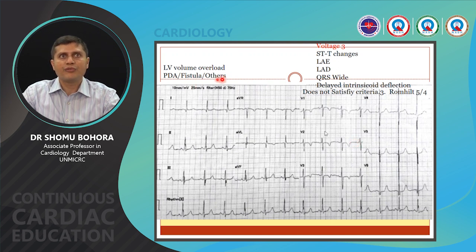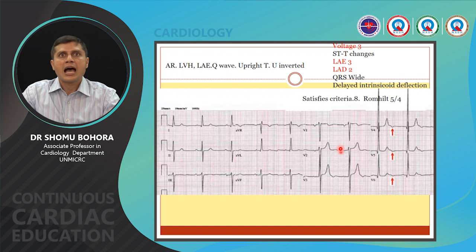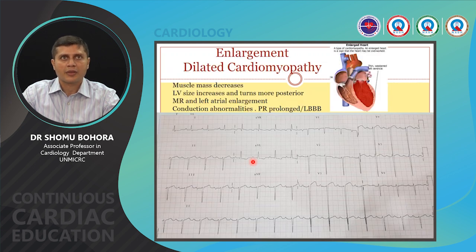So if you have an LV volume overload due to PDA, fistula or others, only initially the voltage criteria are there, and later on left atrial enlargement may come over a period of time and then left axis deviation would come. In a dilated heart as compared to a volume overload heart, the left atrial enlargement comes earlier and left axis deviation would come earlier.